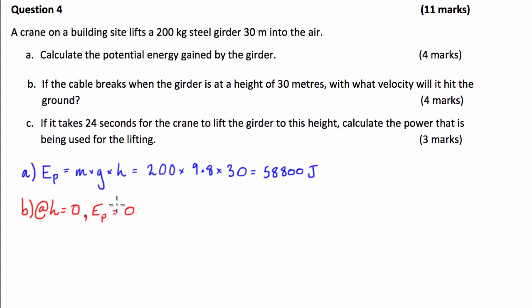So basically, at the maximum height that the girder reaches, all of this energy is going to be converted into kinetic energy.